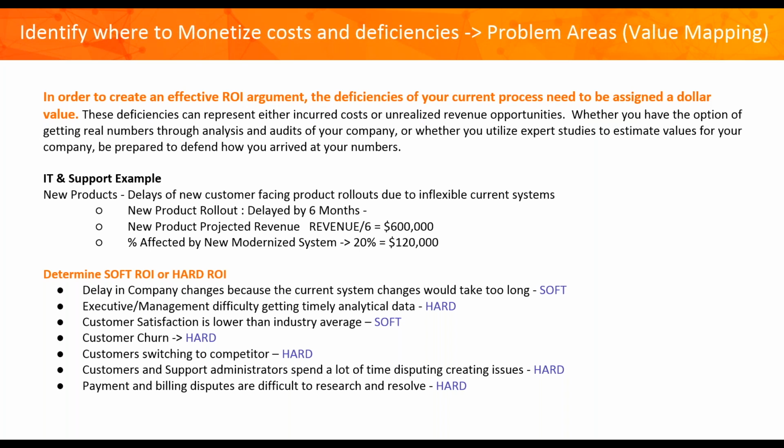If customers have your software and they're no longer using your software, that's typically a very hard kind of number. Switching to a competitor, that can go either way as well, etc. The whole point now is as you start to add up these monetization elements, it's very important to identify which ones are soft and which ones are hard, because as we build our business case to go talk to our executives, we don't really want to spend our quality time arguing what's a soft and hard ROI. We really want to focus on what the new system is going to do and how we are going to get there.